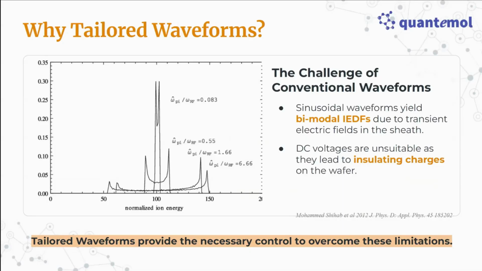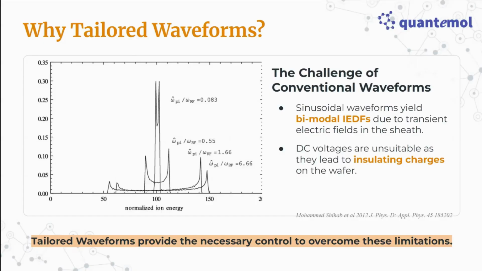You might say, okay, I tune it so that this high energy peak is in the window you want, but then you waste half your ions, because they don't do anything as they have too low energy. And of course, since it depends on the ion mass, if you have not just an argon plasma, but multiple gases or molecular gases, you have different ions, all with different masses, which have all their individual IEDFs. So you get a large spread of ion energies, which you don't want for your ALE process.